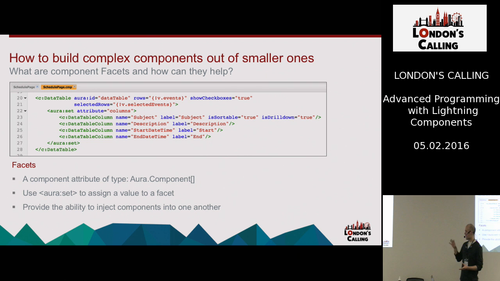What it shows is that at the outer layer, it's using a data table, and then inside of that, it's putting in data table columns, and it's all defined in one chunk together. A facet, by definition, is a component attribute of type Aura.Component. So essentially it's a subcomponent. We use aura:set to assign a value to the facet. And as I said, it provides the ability to inject components into one another to build something more complex.